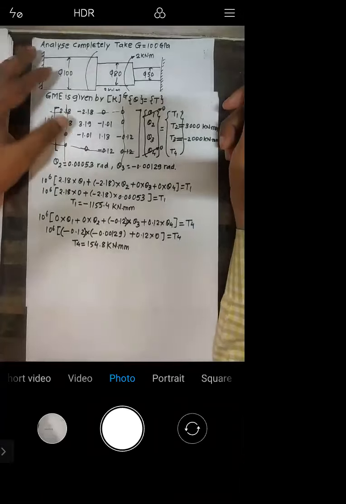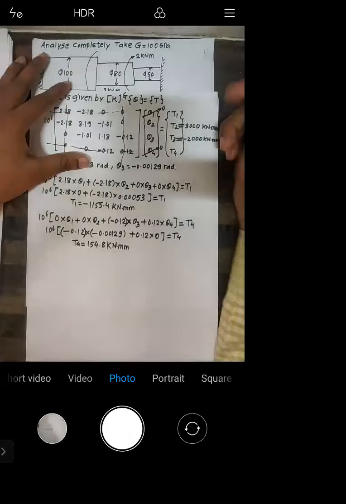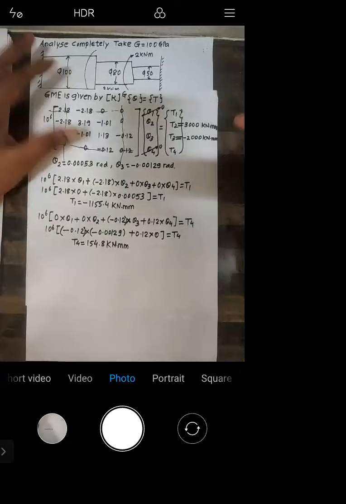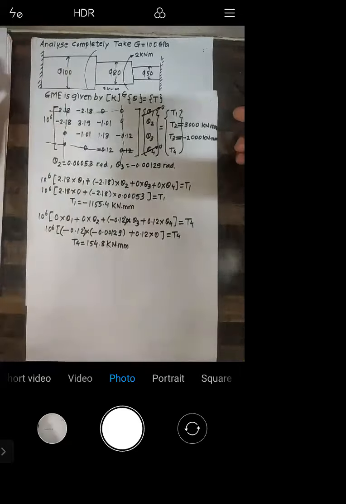See, the addition of 3000 and minus 2000 is 1000, right? So in order to balance that 1000, minus 1000 has to be produced. Where will it be produced? It will be produced at T1 and T4. So the addition of T1 and T4 would be equal to minus 1000. Let's see whether it will.